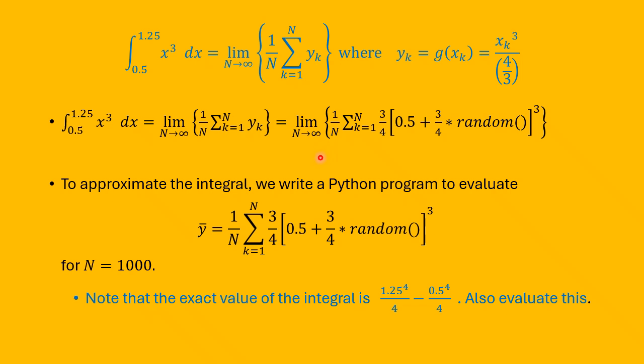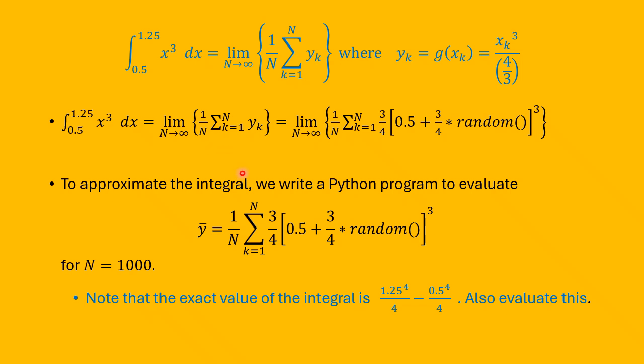And then what we need to do is to pick a large value of n to approximate this integral with hopefully pretty small error. It's an approximation, maybe I should say an estimation, because what we're actually doing is estimating the mean mu of a certain population, and mu happens to be the value of this integral.